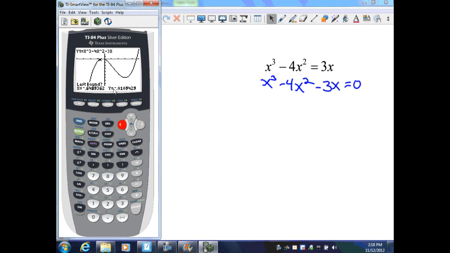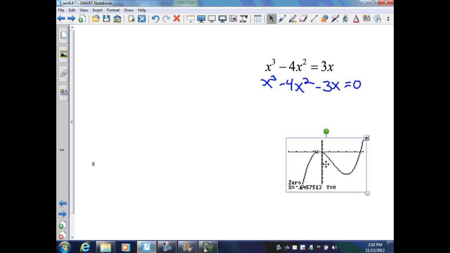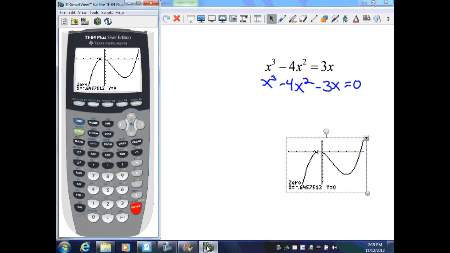Notice my y value is negative. I press enter. I scroll to the right one. My y value goes positive, so there's got to be a 0 in between there. So I press enter again. It asks for a guess. I press enter. That gives me a negative 0.650 for one solution.